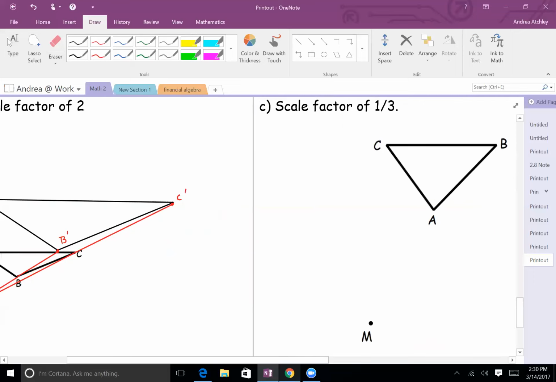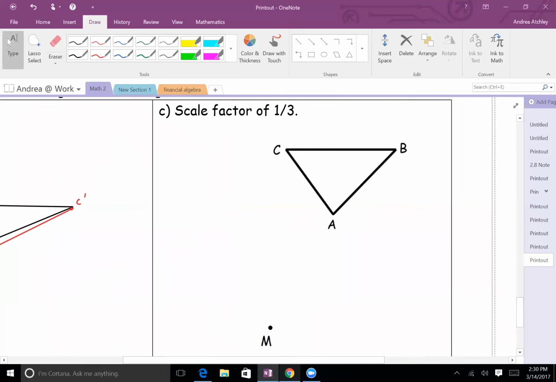Okay, now we're going to do a scale factor of 1/3. Okay, so we're going to start the same steps.